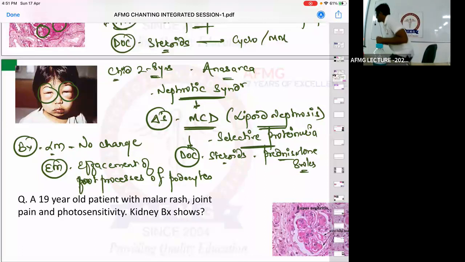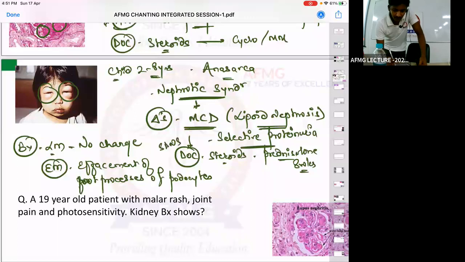And if the patient develops steroid toxicity, then the drug of choice is cyclophosphamide. This is about steroid dependent nephrotic syndrome: the drug of choice is steroid, but if steroid toxicity develops, then cyclophosphamide.